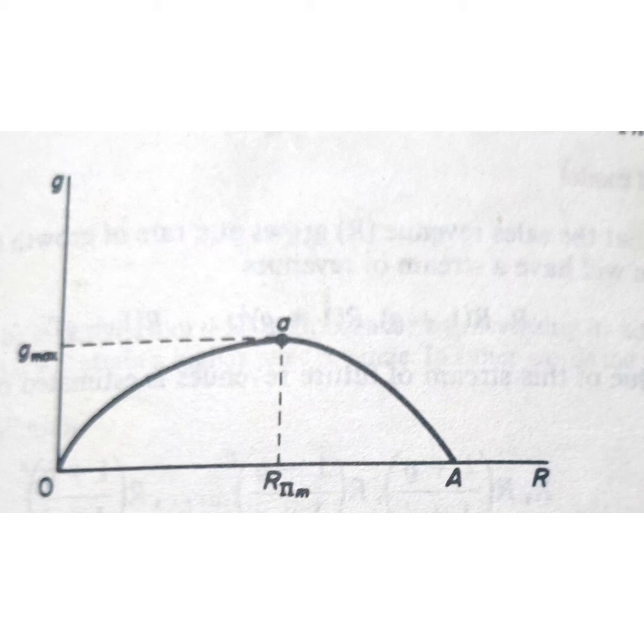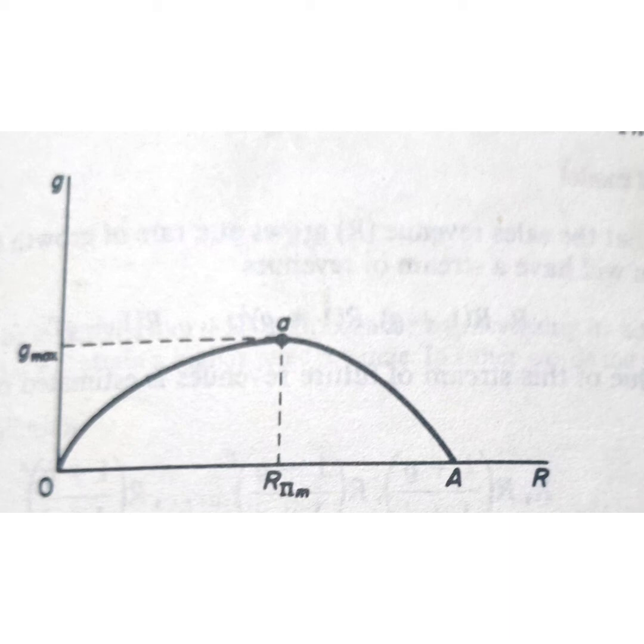The highest attainable growth g will be at the point of maximum profits, beyond the level of sales revenue where profits are maximized, that is beyond R pi M. As per the diagram, the growth rate will decline as profits decline. So up to point A in the diagram, which corresponds to the maximum profit level, the current sales revenue R and its rate of growth g increase simultaneously.